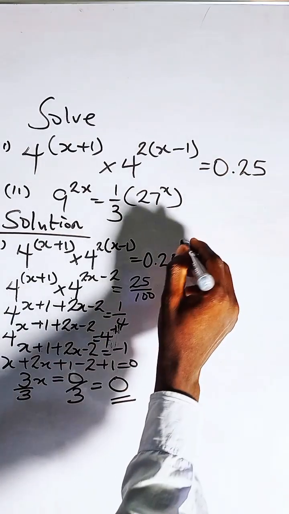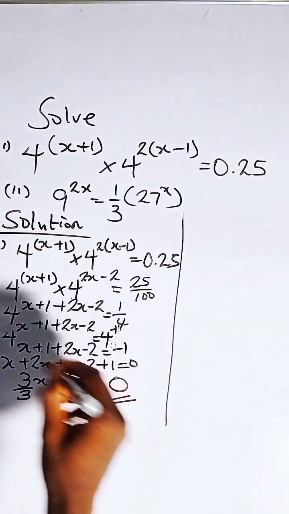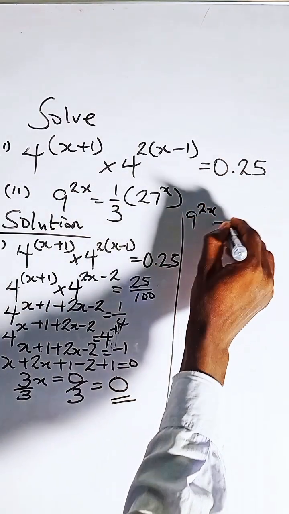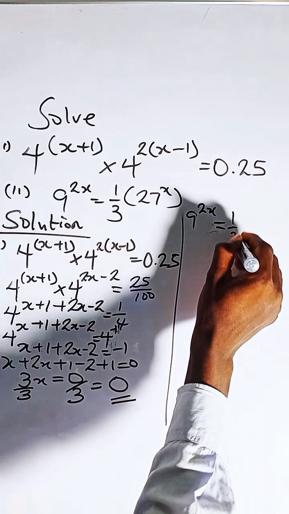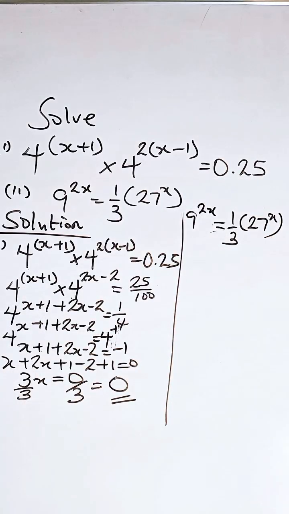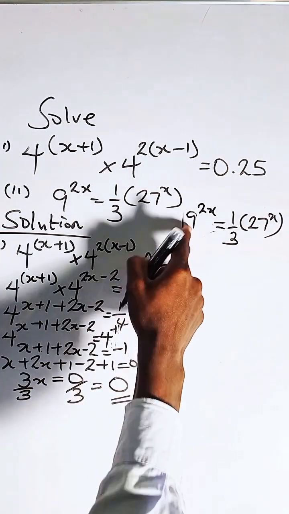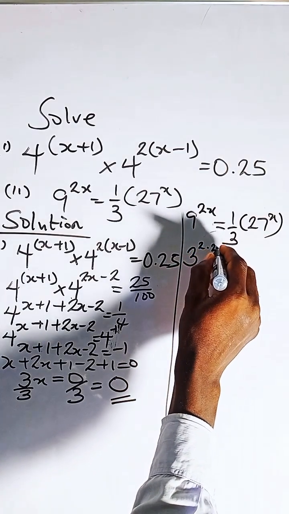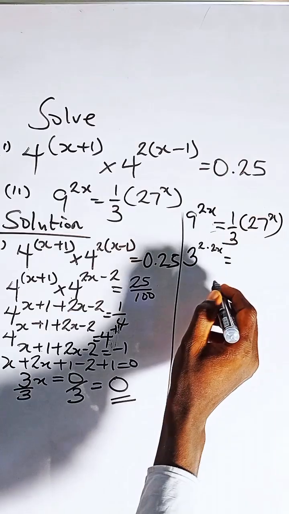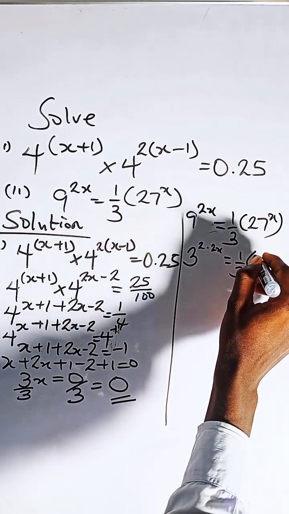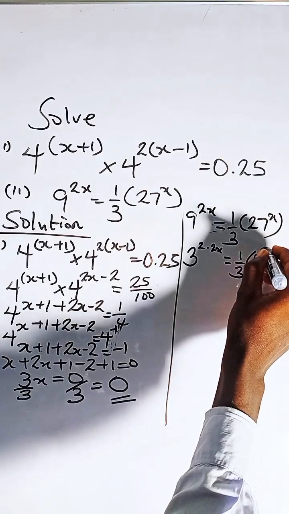For the second equation, we have 9 raised to power 2x equals 1 over 3, times 27 raised to power x. When we look at this, we can have 9 as 3 raised to power 2, times 2x, equals 1 over 3 times, for 27, we have 3 raised to power 3x.